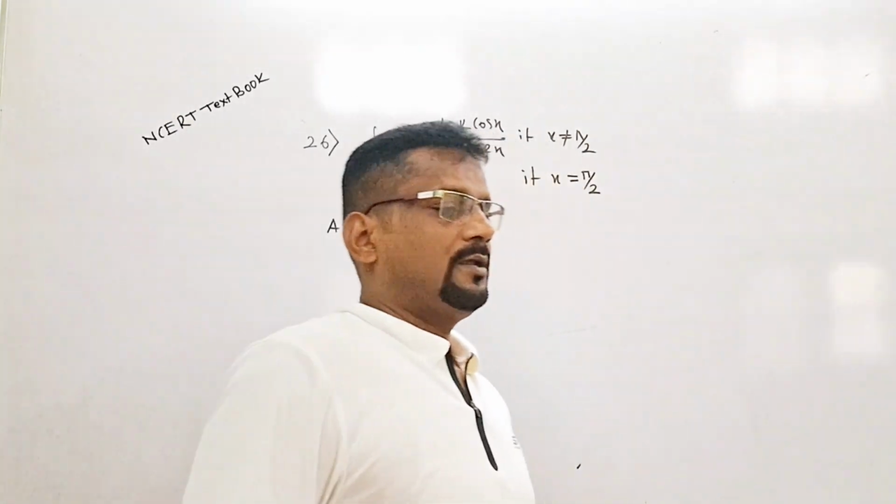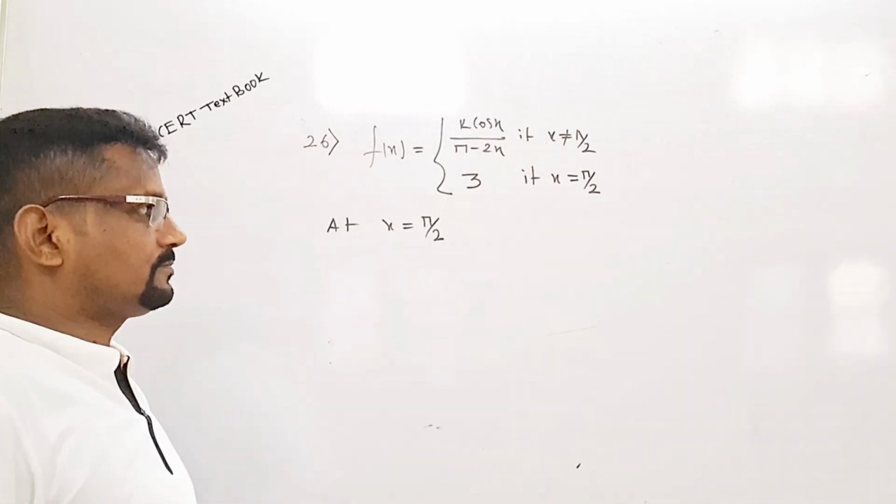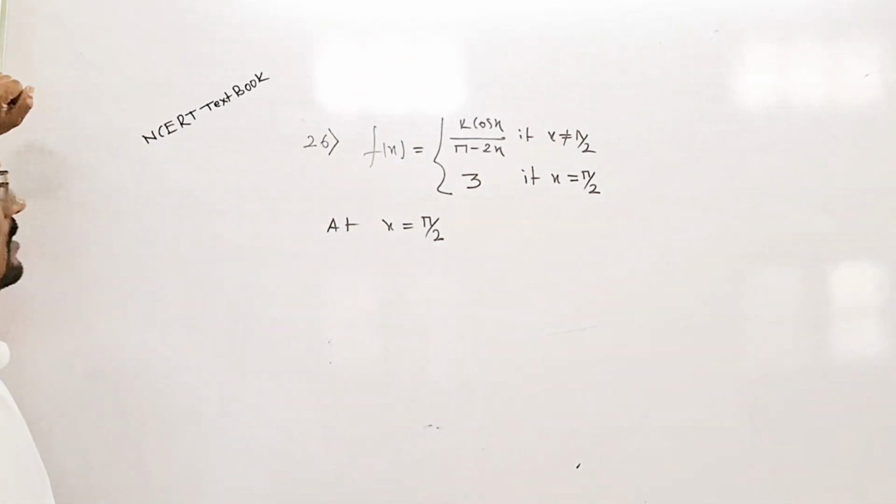It is given that at the point pi by 2, the function is continuous. Then we have to find the value of k.